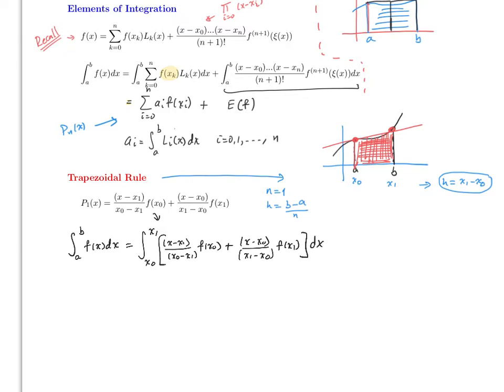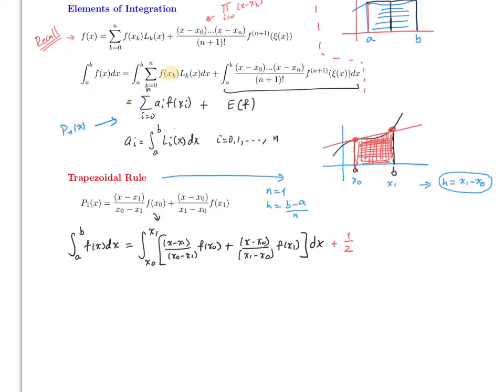Here you just have to be careful what is actually a function of x and what is a constant. And then we have the error function, which will be equal to 1/2. The reason why is 1/2 is because the value for n is 1, so n plus 1 is 2, and 2 factorial is 2.